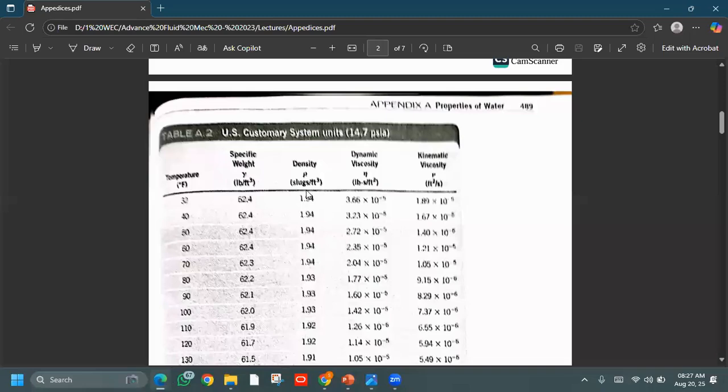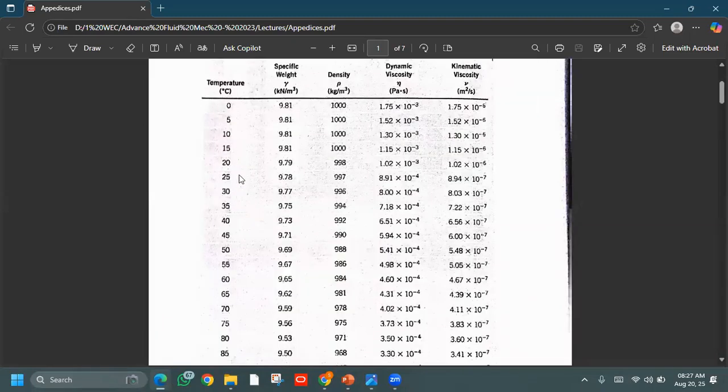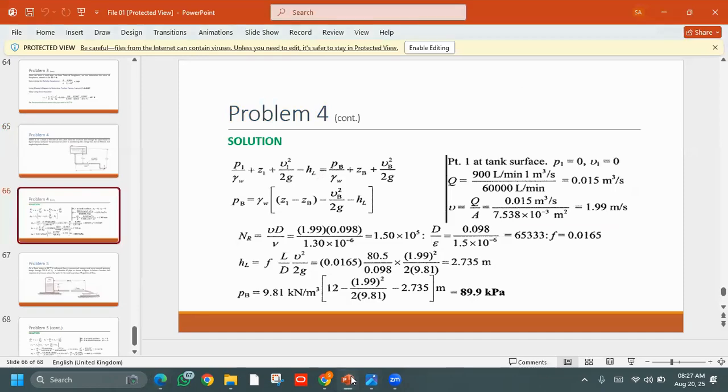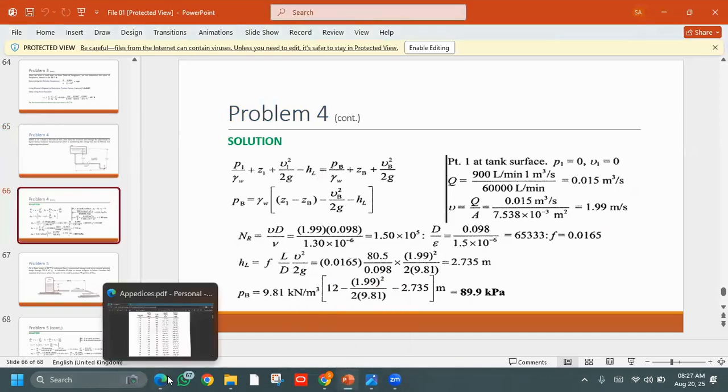So we have this table A1 at 10 degrees centigrade. We have the value of 1.30 into 10 raised to power minus 6. So this is the value we have chosen from the table.